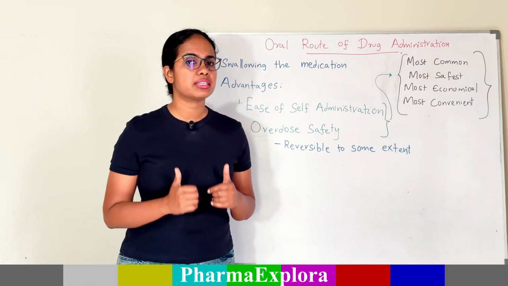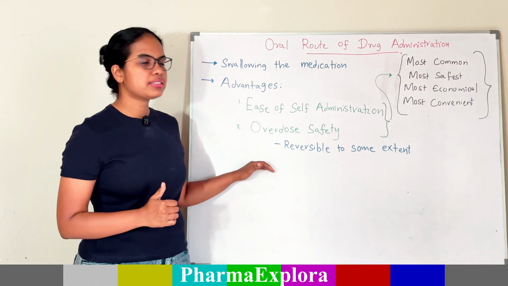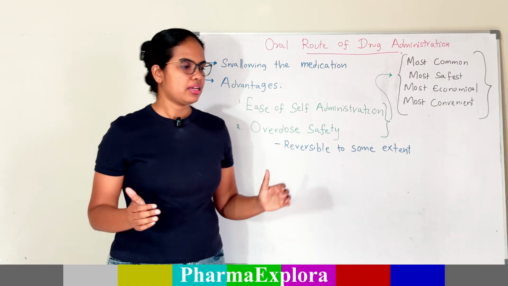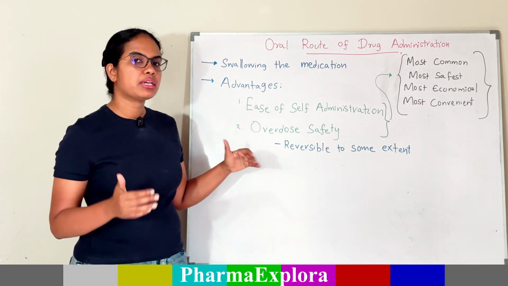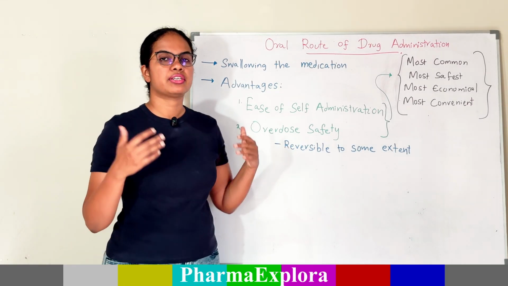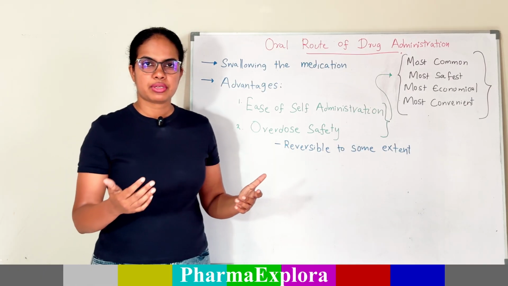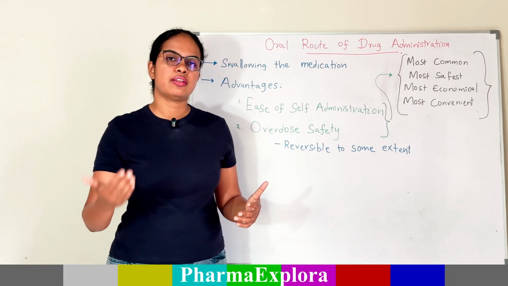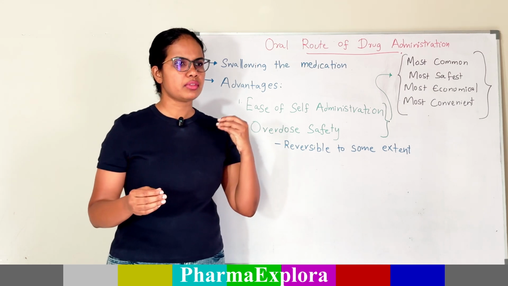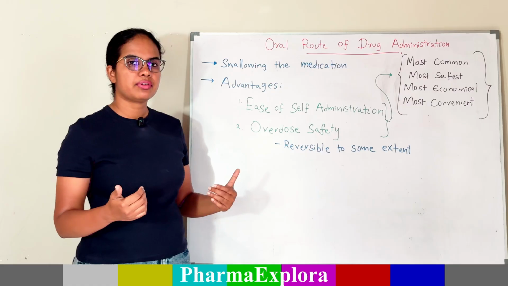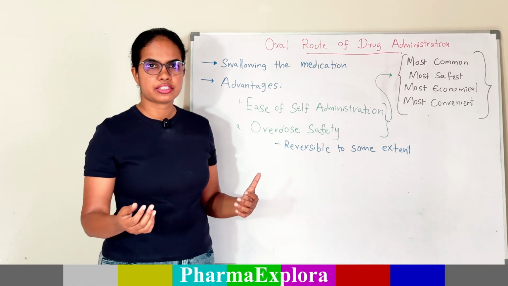So that is one of the greatest benefits this particular route of administration has. Because this route of administration is reversible to some extent, when a patient experiences accidental overdose or acute toxicity, the clinicians can introduce antidotes like activated charcoal.